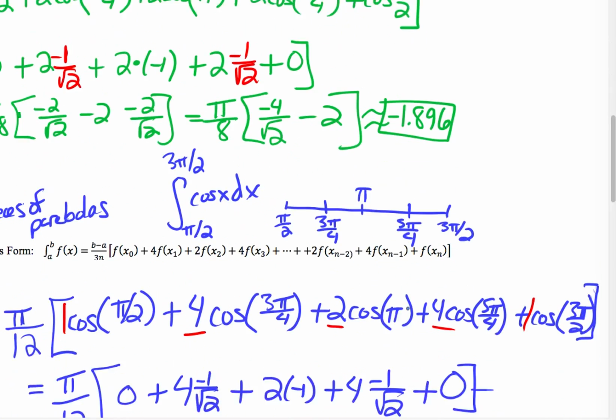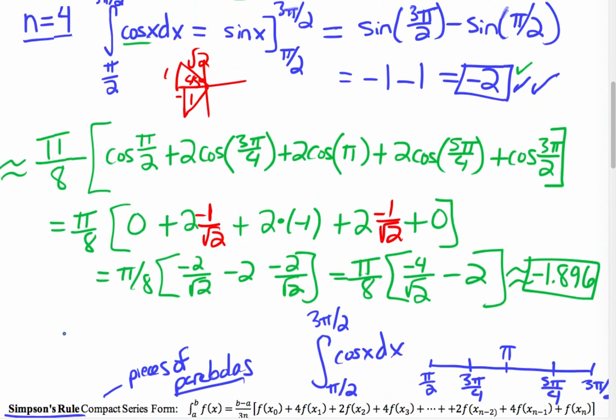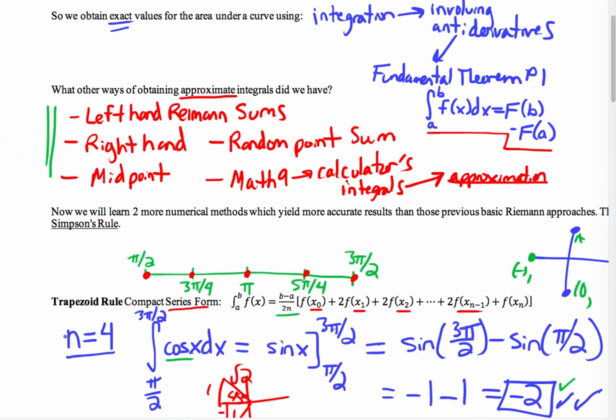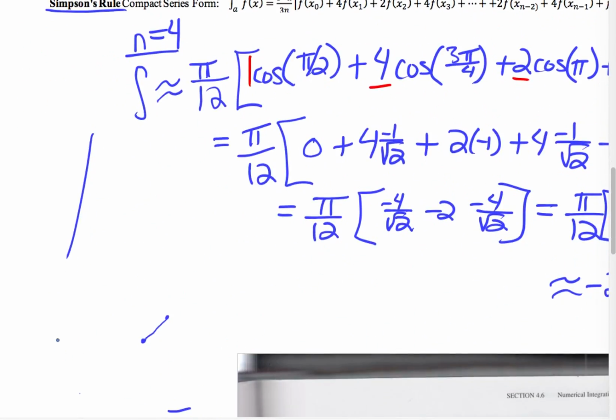And that's not because I used a greater number of rectangles, I still have 4 over here. It's because Simpson's rule is a little bit more accurate than the trapezoid rule, and that's because it's using parabolas to connect shapes. If you think about this theoretically, let's go back up to the top like we talked about a second ago. I don't have that picture anymore. It's going to be using parabolas to connect one point to another.